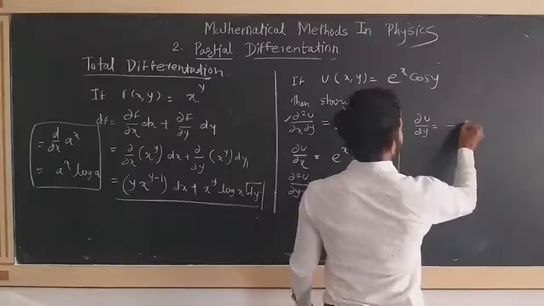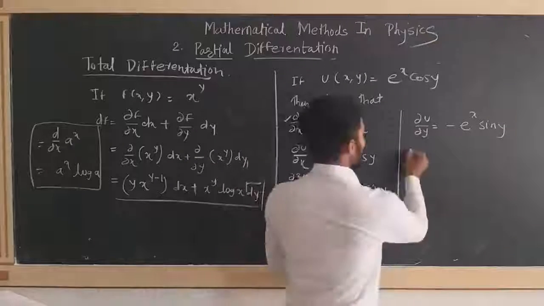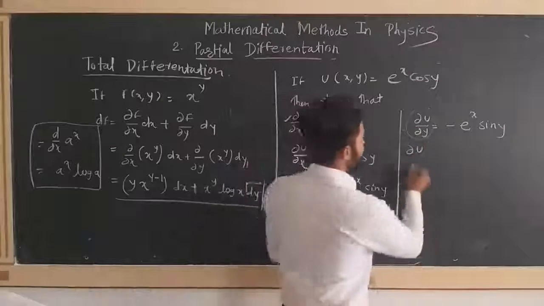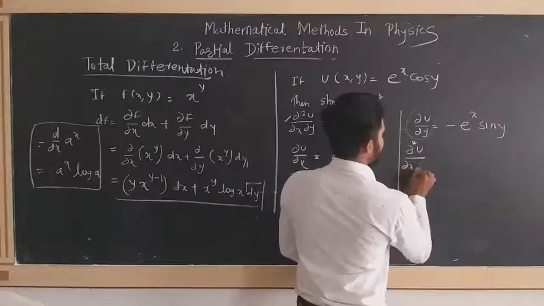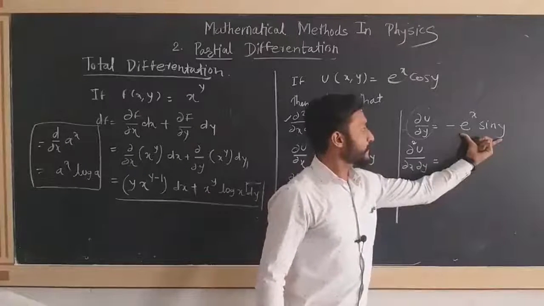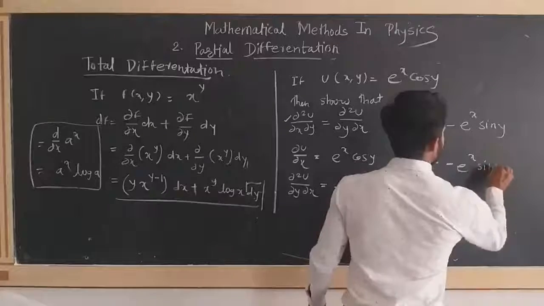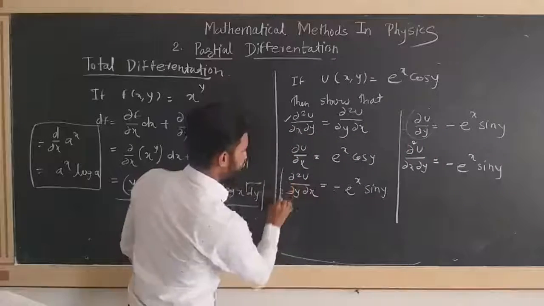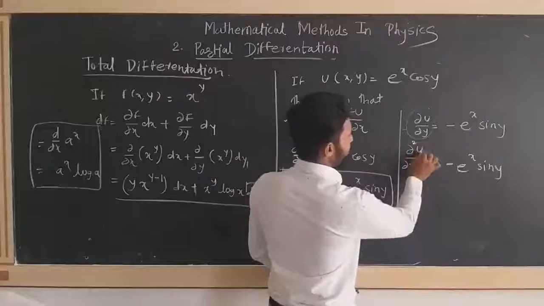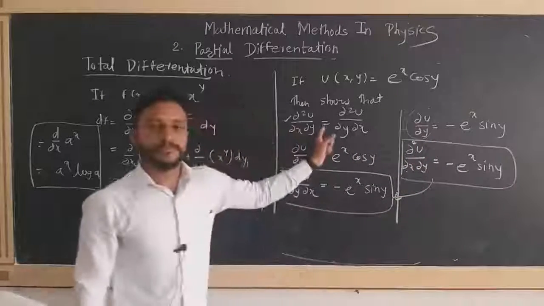So we'll have minus e^x sin y, and differentiate this with respect to x, this term, ∂²u/∂x∂y. Now differentiate this u with respect to x. So here minus e^x sin y. So here I can show that ∂²u/∂y∂x and ∂²u/∂x∂y, both are equal, hence proved.